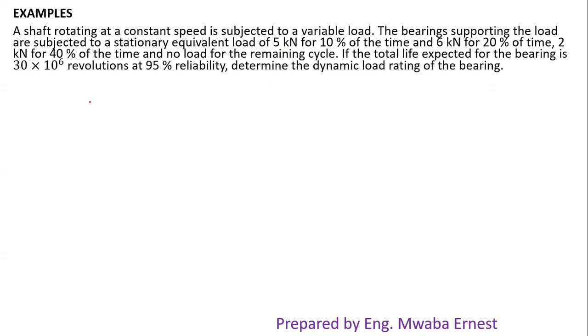If I remove 70 from 100, I'm remaining with 30%, which tells me that for the remaining 30% of this time, the bearing was running at no load.